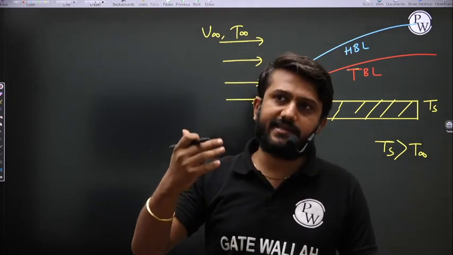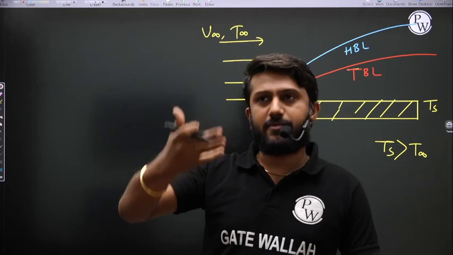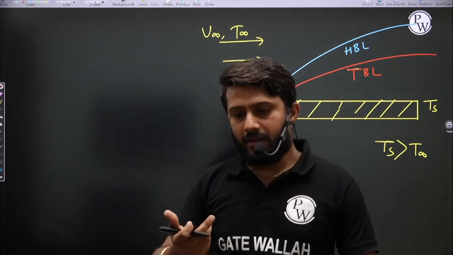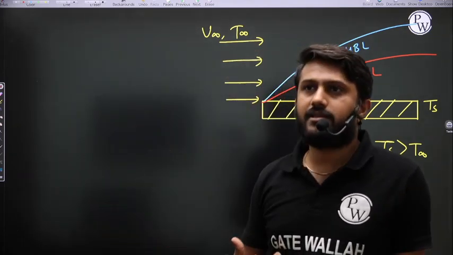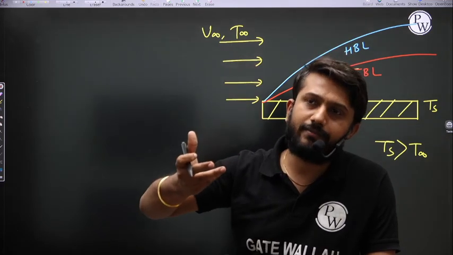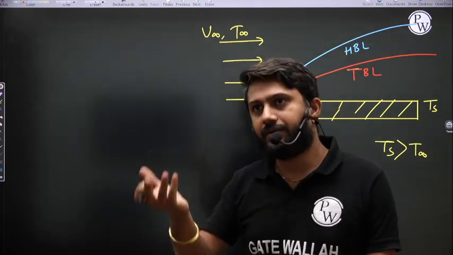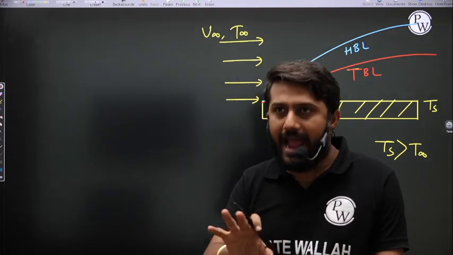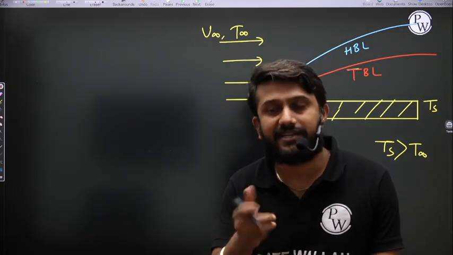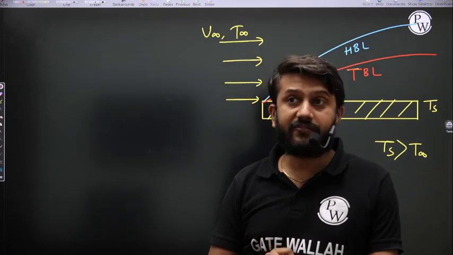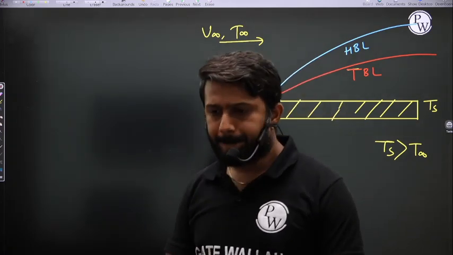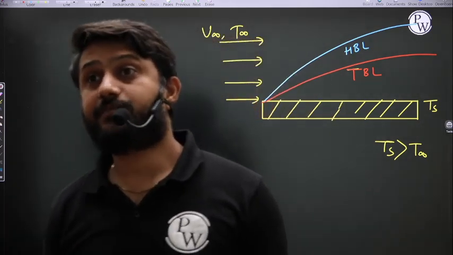There is another case where the thermal boundary layer is above the hydrodynamic boundary layer. And there is one case where the hydrodynamic and thermal boundary layers coincide. Is it fine? So, which case is possible?